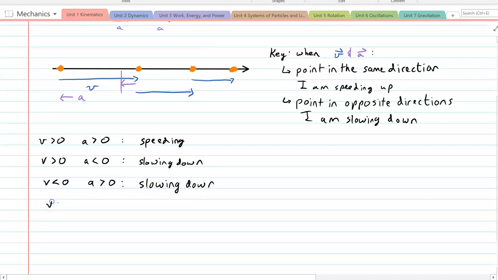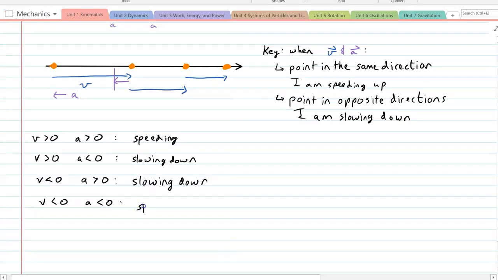And then finally, the last case is my velocity is negative and my acceleration is negative. That's kind of weird. Negative numbers don't really feel like they should be speeding up, but they are, because they're pointing in the same direction. My acceleration is negative, so every second my velocity gets even more negative than it already is, so it's speeding up.